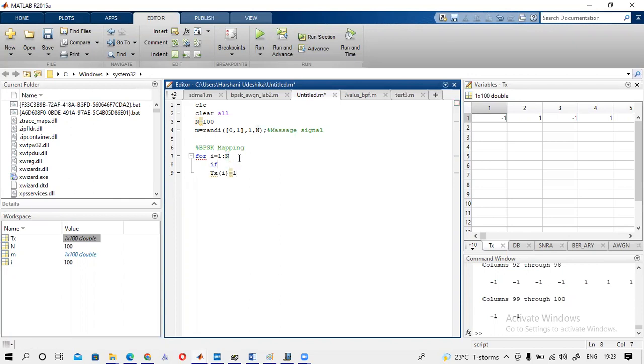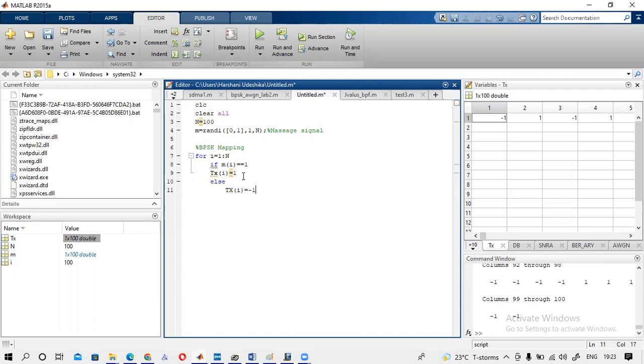If the message bit m(i) is equal to 1, I set my transmitted symbol to 1. Otherwise, that means the message bit is 0, and my transmitted symbol will be -1.